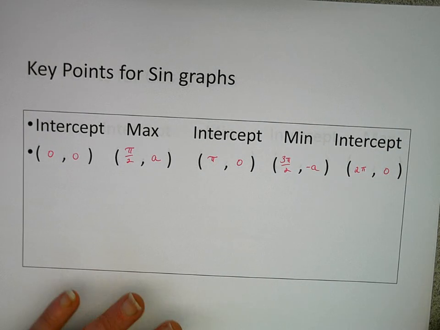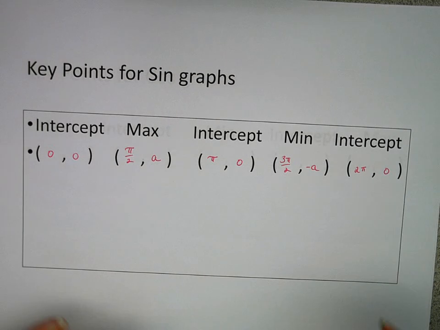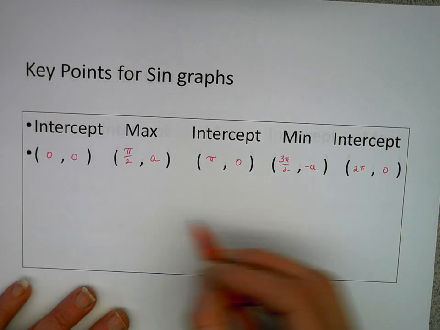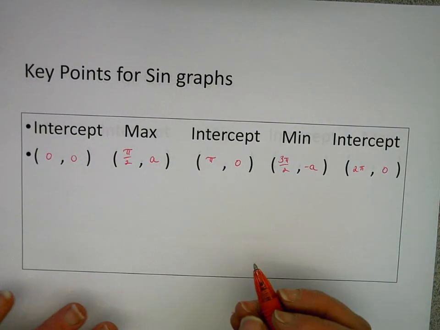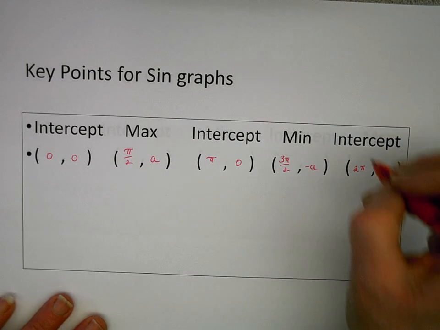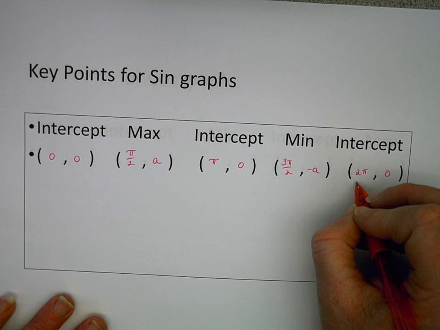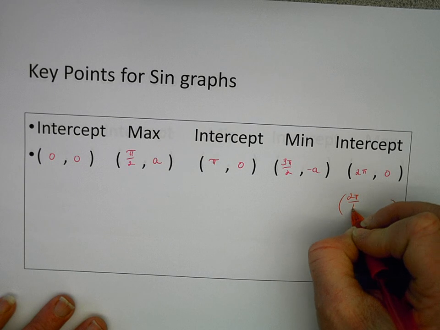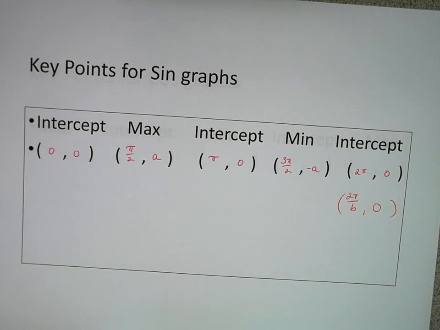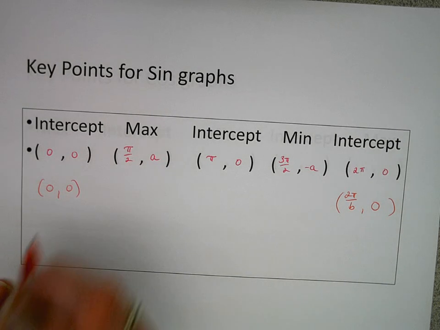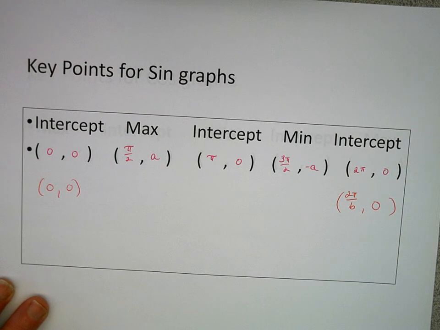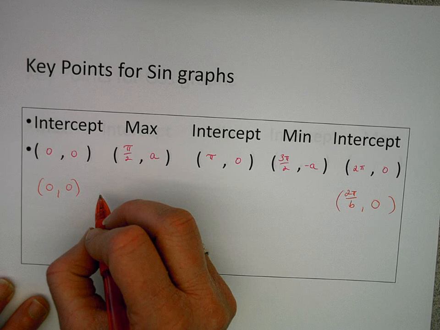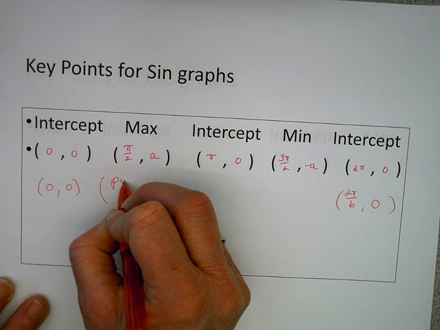Okay, now keep in mind that yesterday we learned that the period determines how these are labeled. This is only in normal. So if your b value is going to change your period, so really the last point is 2 pi divided by b. And remember, we changed that and we did the fourths of that. So it would be your period divided by 4 here.